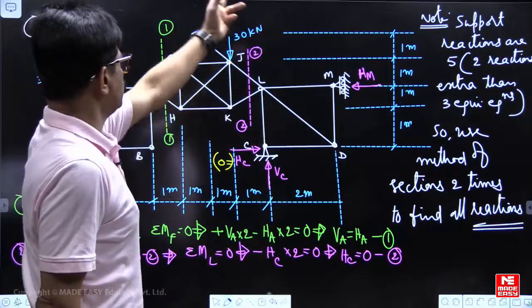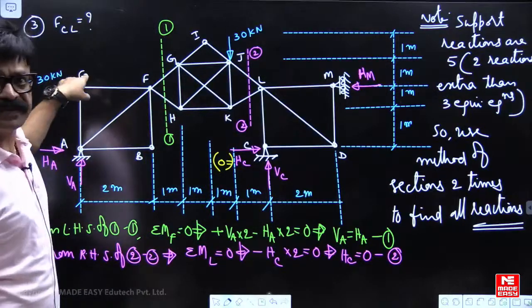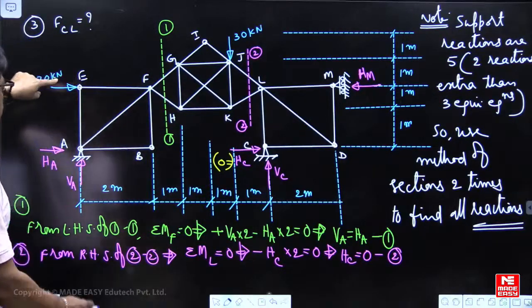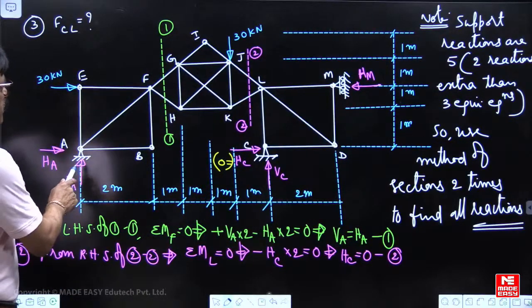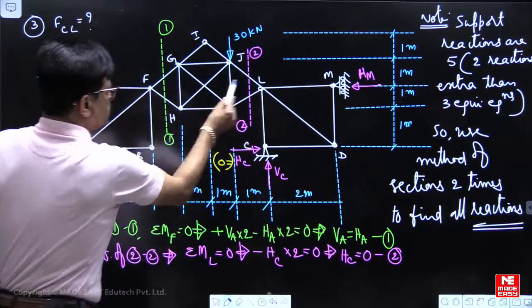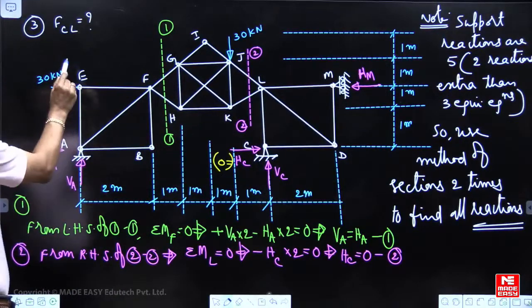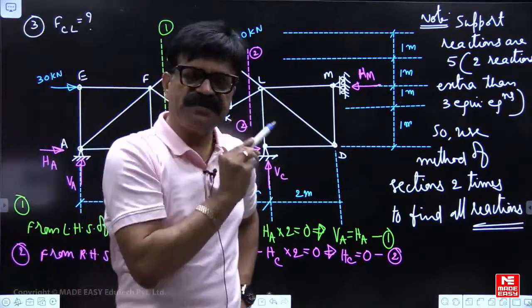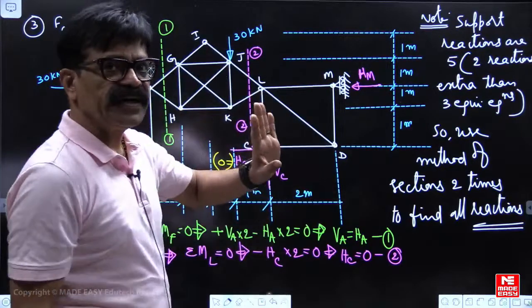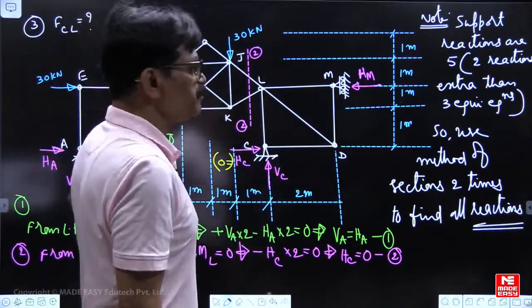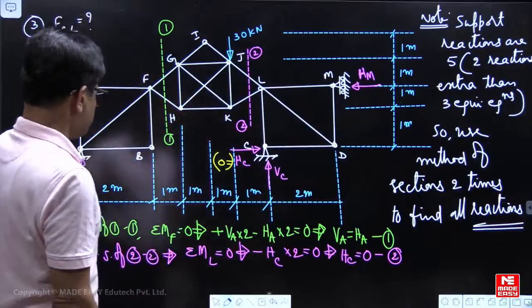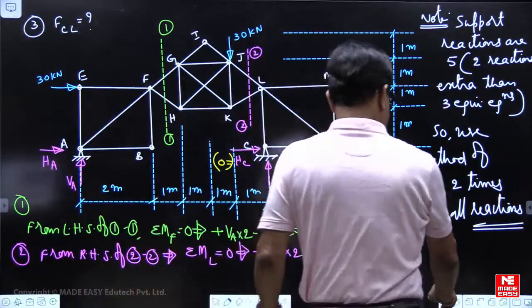Take moments of all forces about, say, E is equal to 0, sigma ME is equal to 0. Then the advantage for us is HM is passing through E, VA is passing through E, so they will give 0 moment. You are not taking any method of sections, from equilibrium of entire structure. So if I take that, you will get like this.